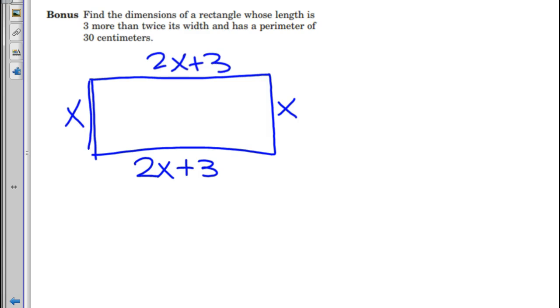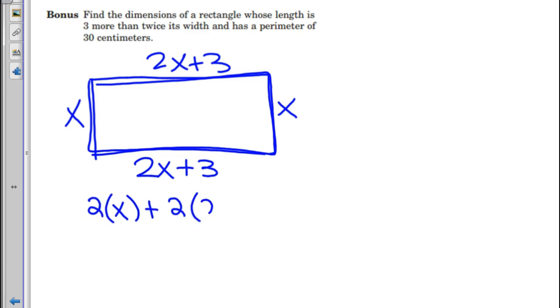I know perimeter is walking around this bad boy, right? Or I have 2 lengths plus 2 widths. So you can either write this down just like it is, like X plus 2X plus 3 plus X plus 2X plus 3. Or we have 2 widths plus 2 lengths. And it told me that that was 30 centimeters.